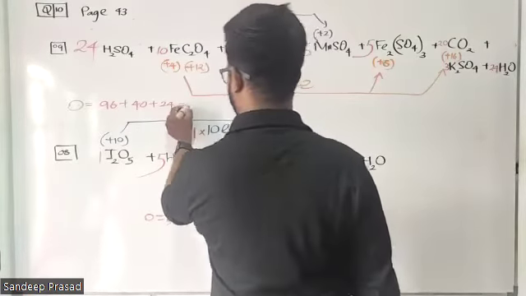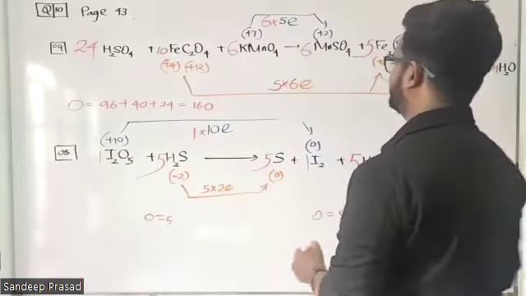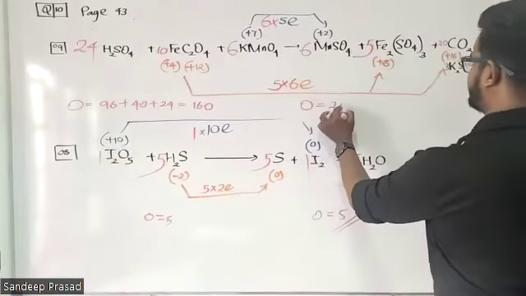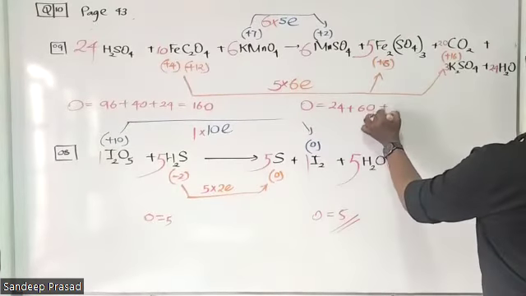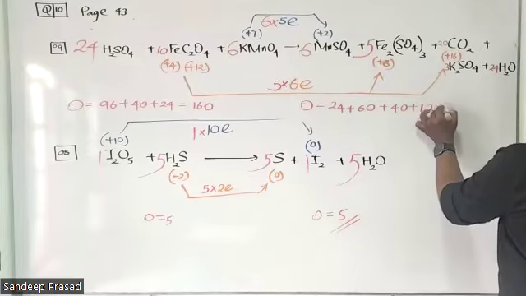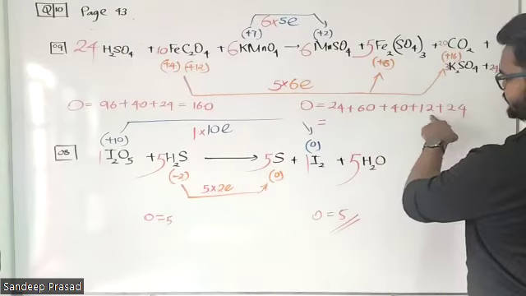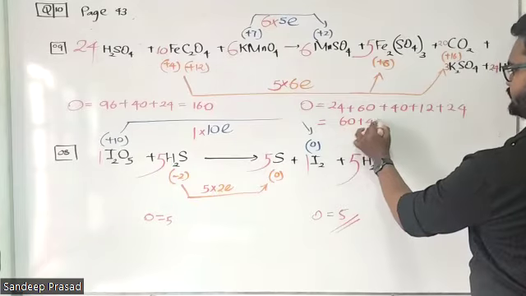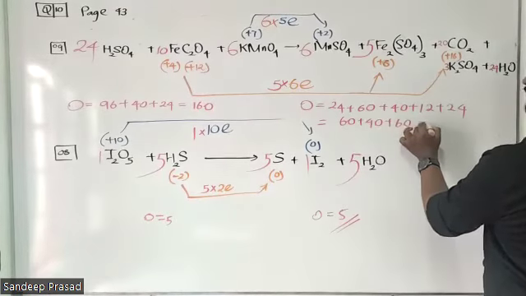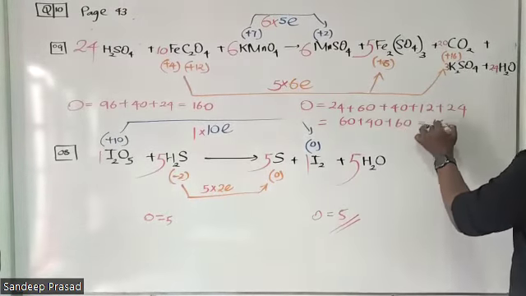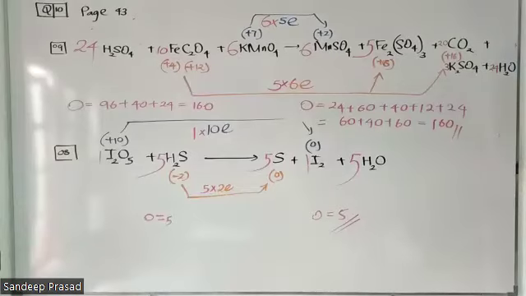So the summation is 160. In the right hand side also 24 plus, 60 plus, 40 plus, 12 plus 24. Summation will be 160. This is the ninth one.